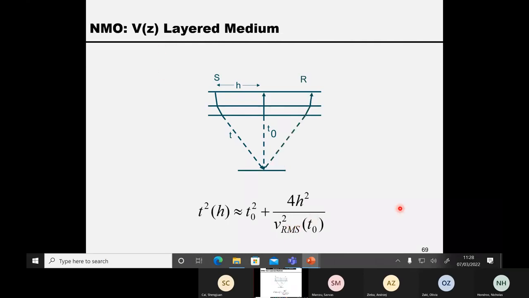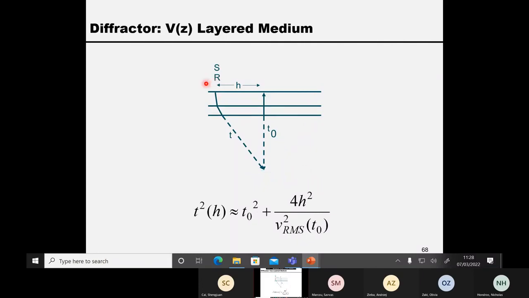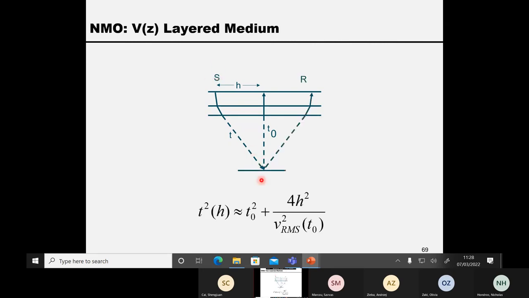Just for layered, because the difference between the two is that migration has source and receiver at the same position, but for NMO you have source and receiver in different places, right?